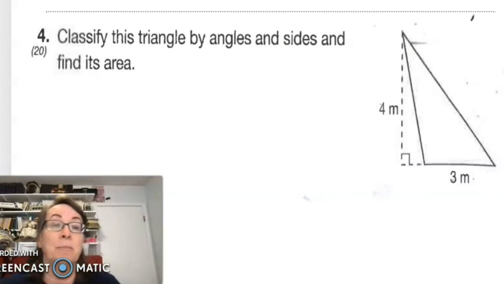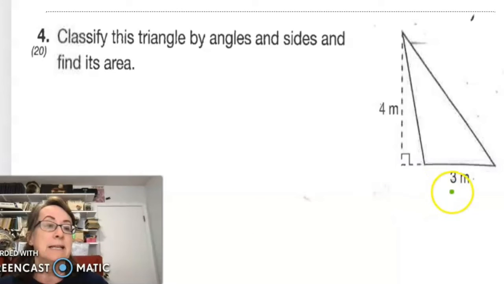Classify this triangle by angles and sides and find its area. Now remember, when we're classifying by angles, we're talking about, is it acute? Is it right? If we're classifying by sides, we're talking about isosceles, equilateral. So they're showing you 3, they're showing you 4. Now this one over here, if it were a right triangle, would be bigger than either one of the sides.